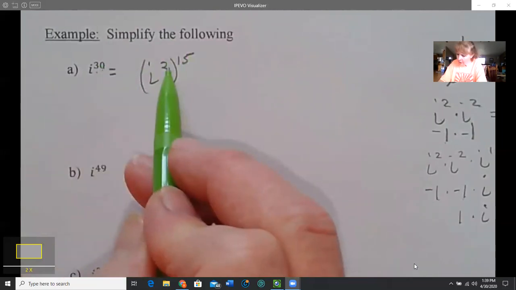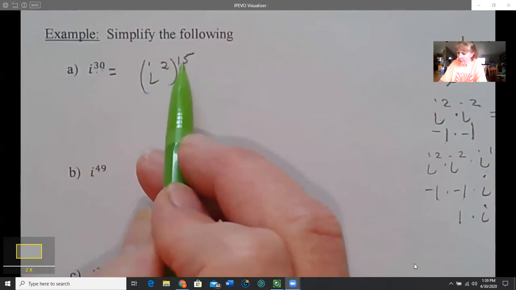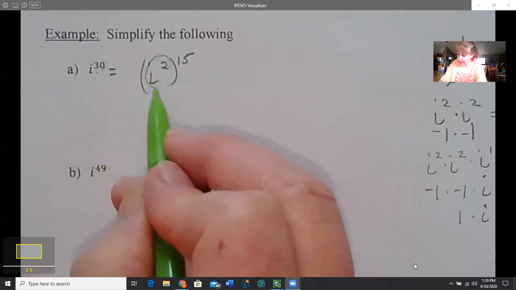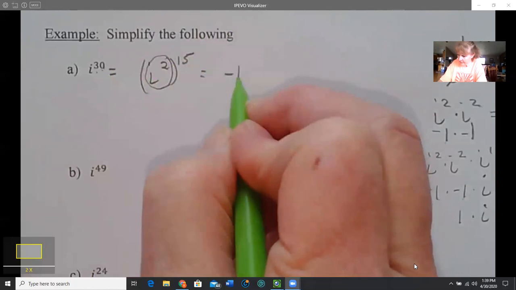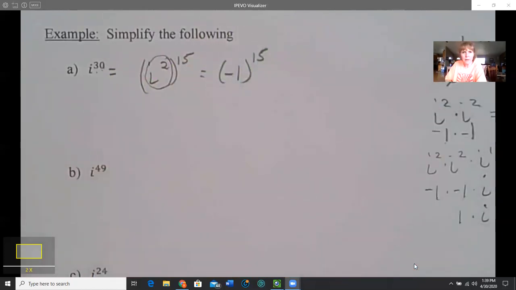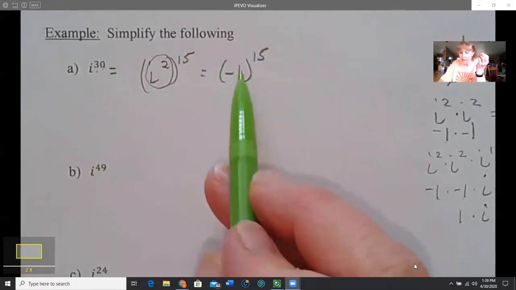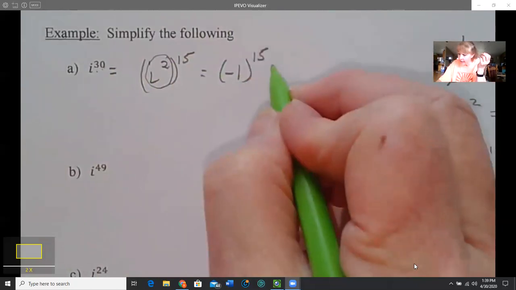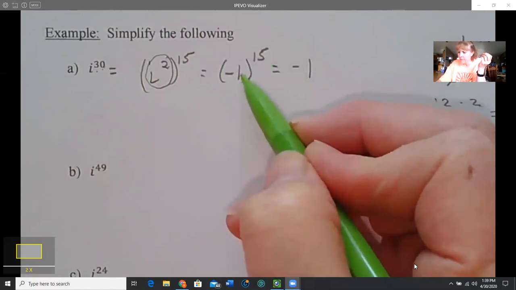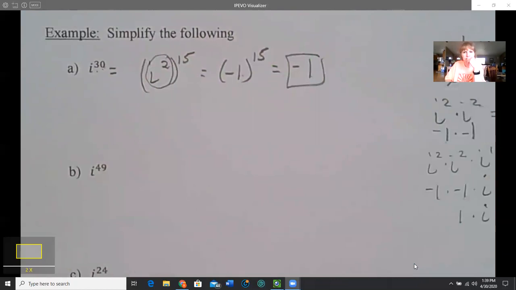So we're always going to be dividing by this 2. So 2 times 15, a power to a power, is 30. Now this is a -1. We know that if you have an odd power with a negative, it stays negative. If you have an even power to a negative, it becomes a positive. So there's your answer, -1.